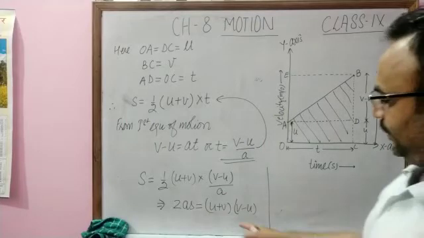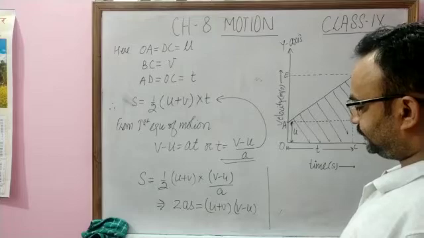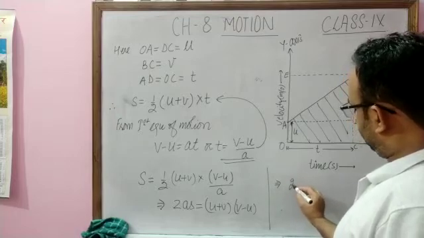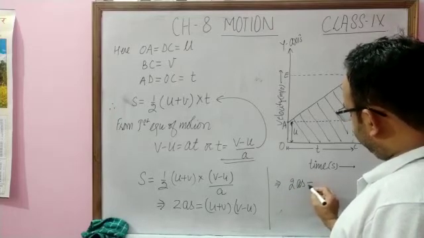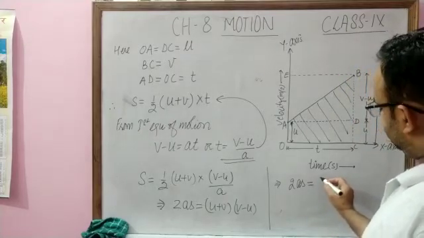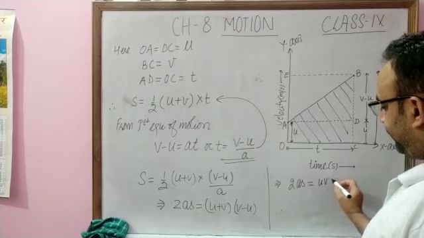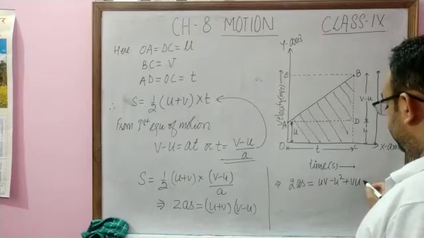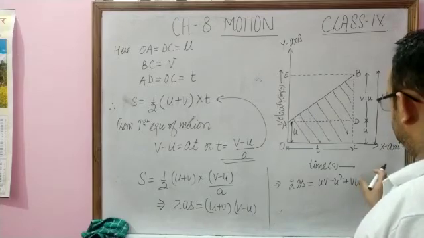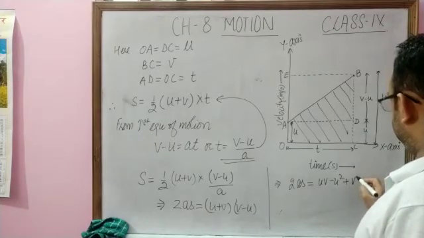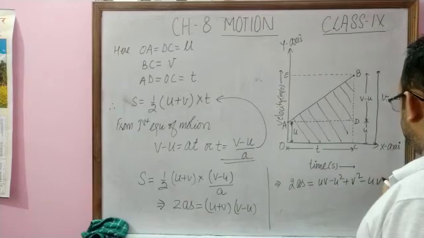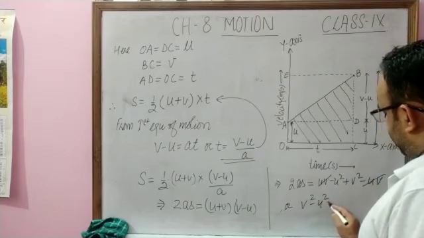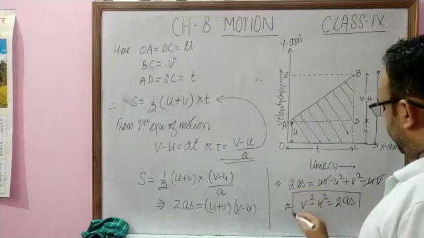Further, you will solve (u plus v) into (v minus u). You will get 2as is equal to uv minus u square plus vu plus v square minus uv, or v square minus u square is equal to 2as.